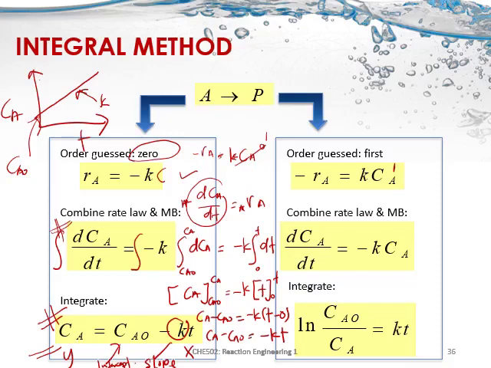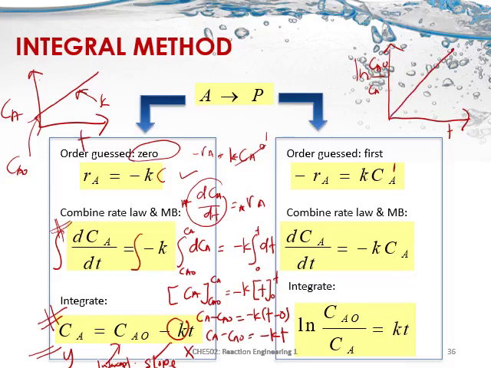Okay, the step for integration is in the next slide. As for this one, what you are going to do is to plot ln CA naught over CA versus T. Is there any intercept? No. There is no intercept, meaning the intercept is at 0, 0.